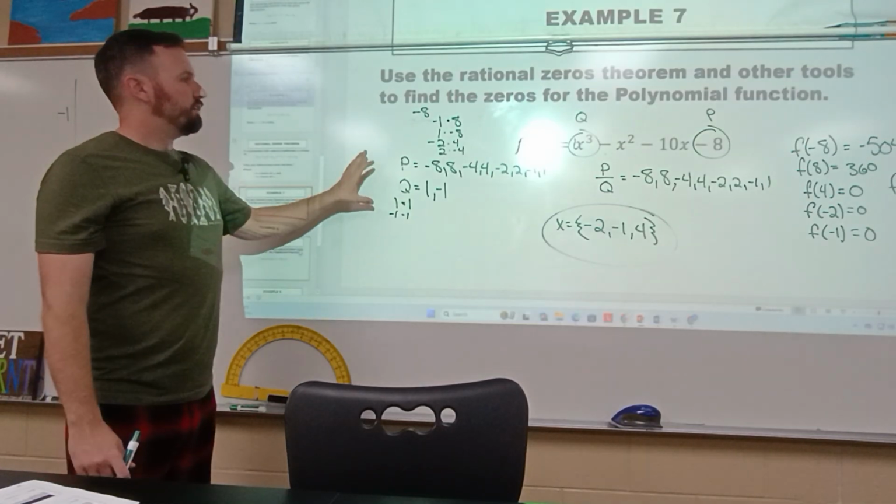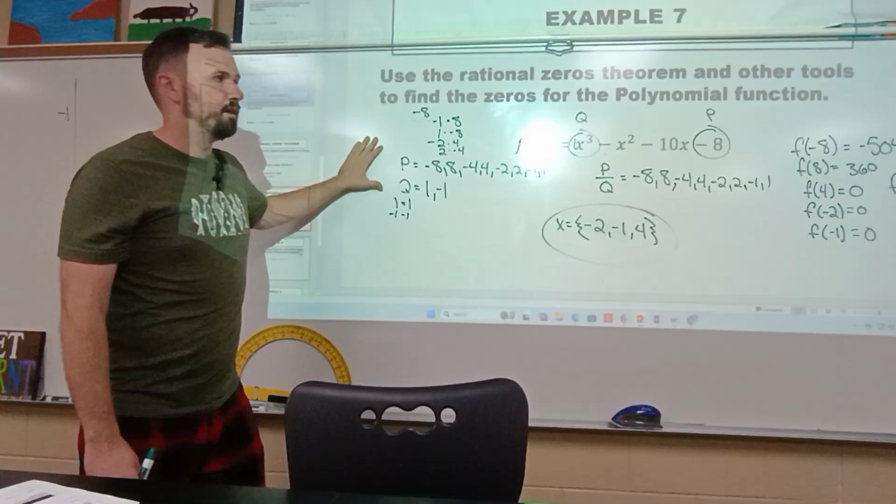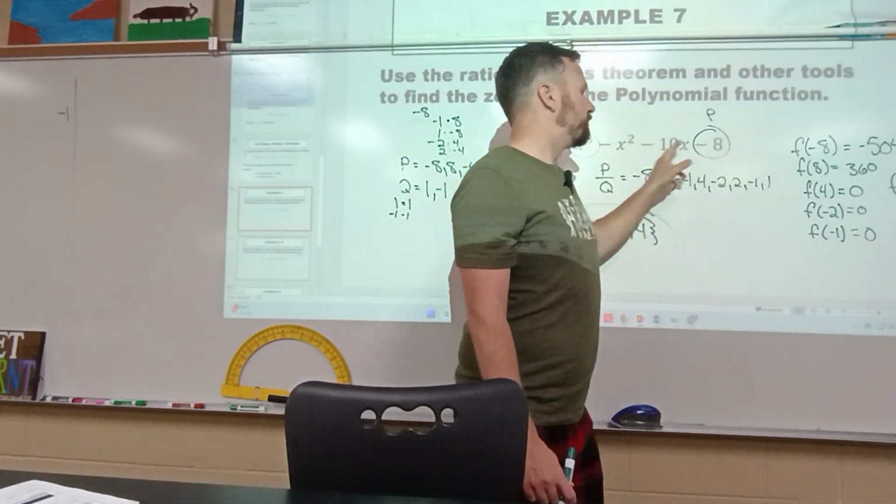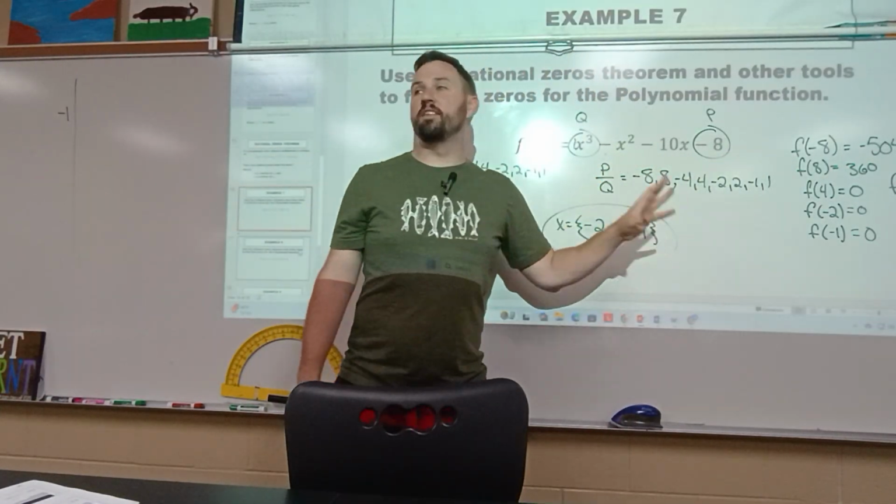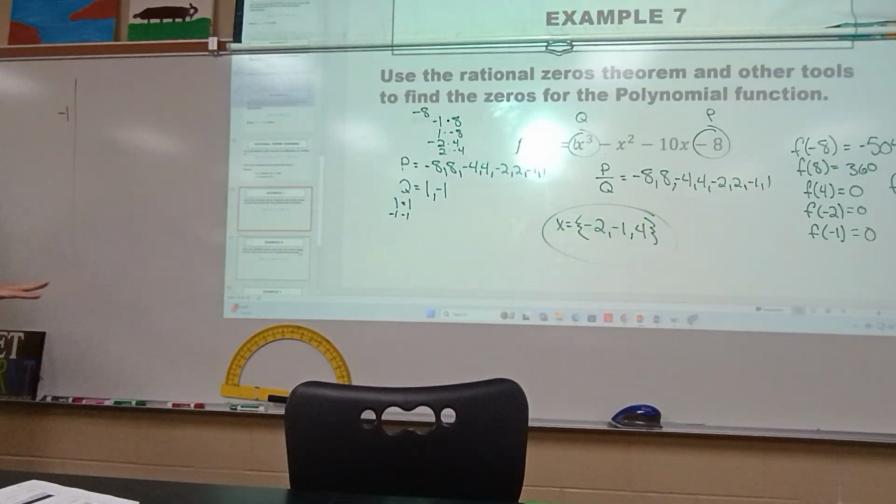Again, factoring, right? Evaluating, plugging it in. We covered all that stuff in the first unit, right? The problem is it just takes a while, right? What's the good news about these problems? The good news is you're done if you get 3 zeros.